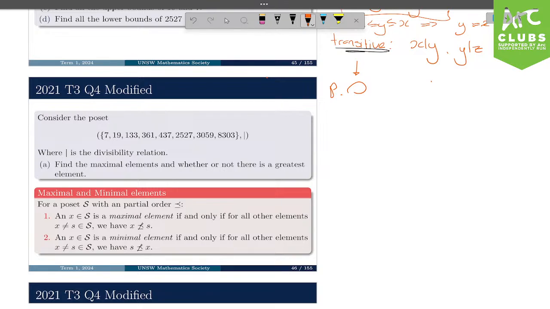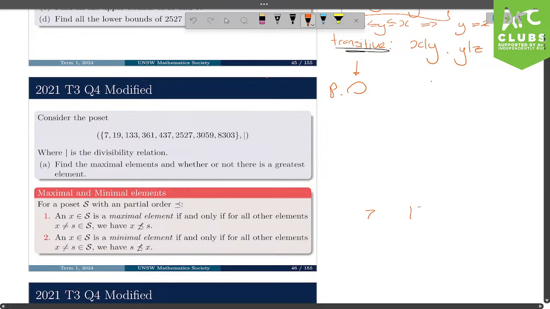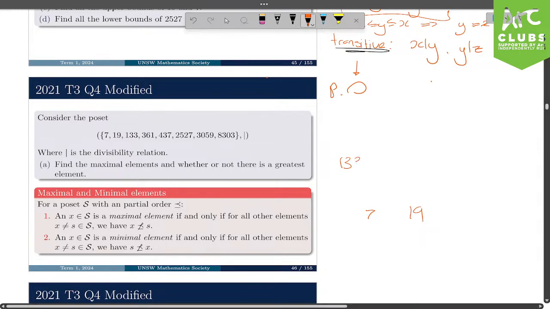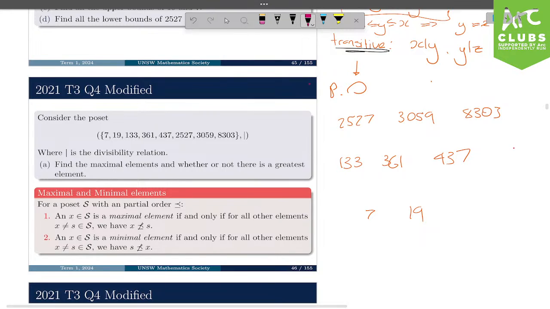Okay, a brief overview: we'll just write down all our elements: 7, 19, 133, 361, 437, 2527, 3059, 8303. We draw lines from lower to higher elements if they're related by the partial order.